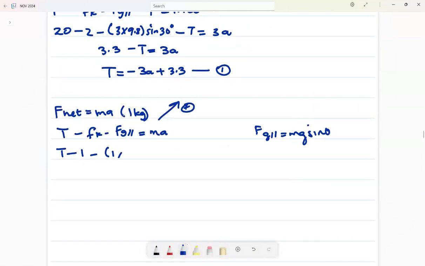So I'm going to say it is 1 multiplied by 9.8 sine of 30 degrees, equal to 1 multiplied by A. And then the tension is going to be tension minus 1 minus 9.8 sine theta, sine 30 in this case.